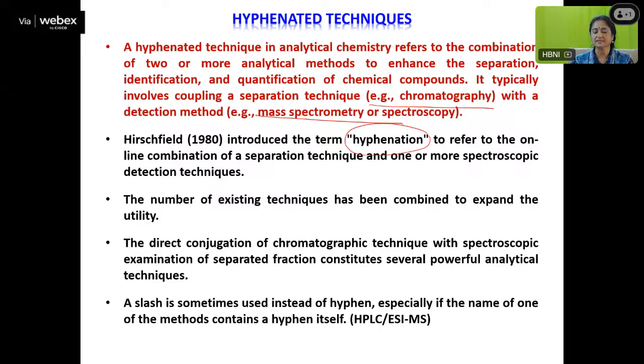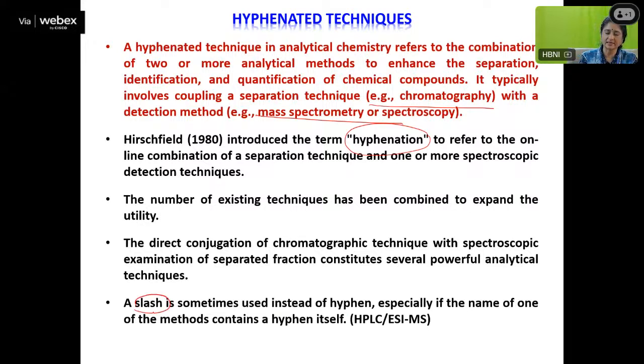So the number of existing techniques has been combined to expand the utility. Based on the requirement, the various techniques are combined, and then people can do more and more research. Now, the direct conjugation of a chromatographic technique with spectroscopic examination of separated fraction constituents gives several powerful analytical techniques.